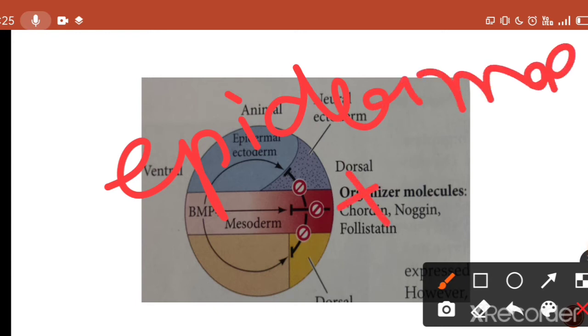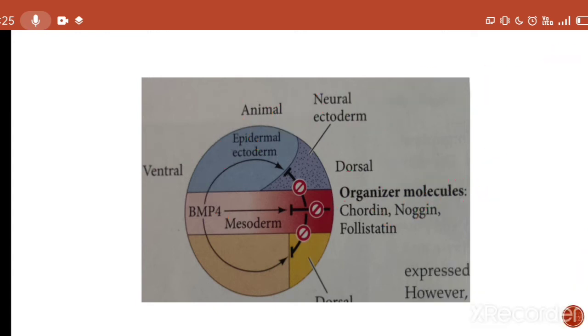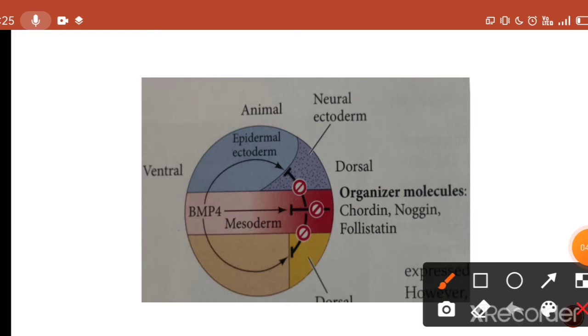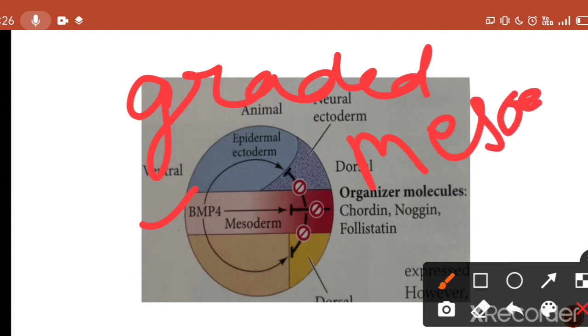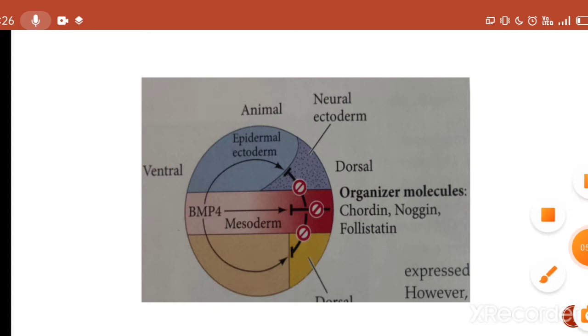In the mesoderm, graded levels of BMP4, graded meaning the levels change, activate different sets of mesodermal genes in the mesoderm layer.